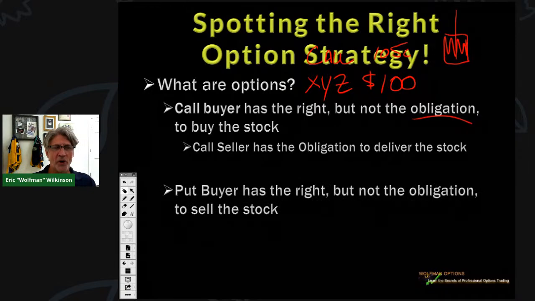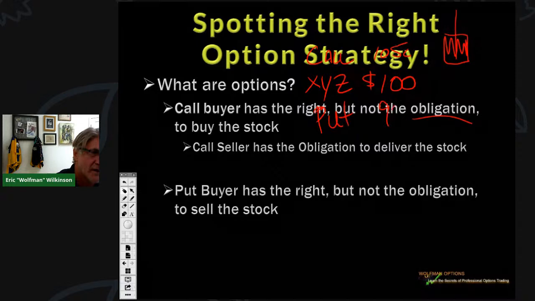All right, a put buyer has the right but not the obligation to sell the stock. All right, so if I buy a put, let's say we'll do a put at the 95 strike, right? Now, that gives me the right to sell the stock. If the stock's trading 100, am I going to sell it at 95?